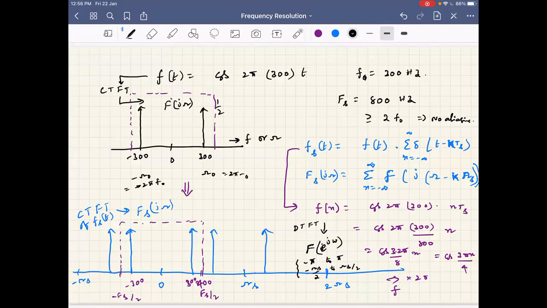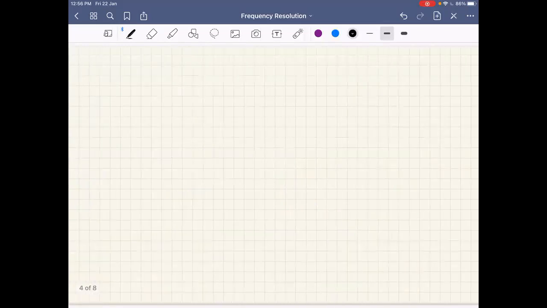So this mapping here: the first one is discrete frequency, the second one is analog frequency. This is the critical step for mapping the analog frequency to discrete frequency, or K to F later. We will see that in the next slide.